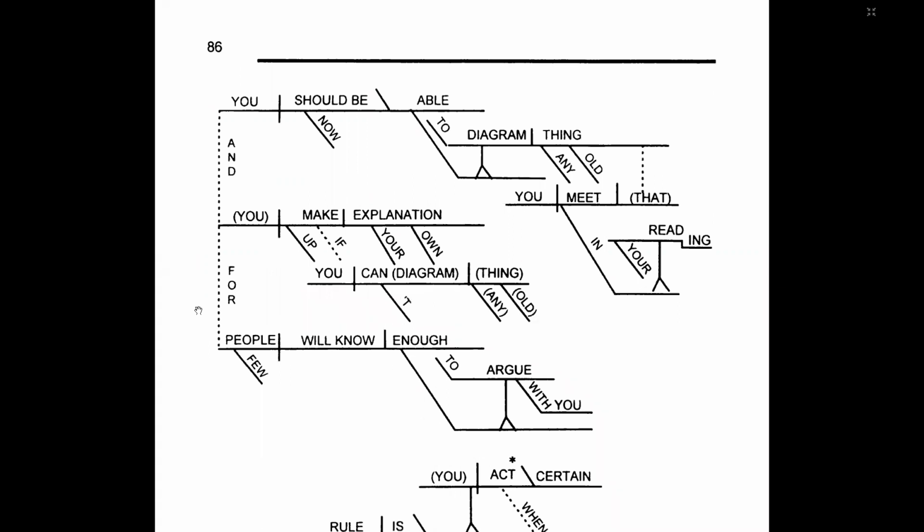You should be now able to diagram any old thing you meet in your reading, and make up an explanation of your own. If you can diagram it, few people will know enough to argue with you.